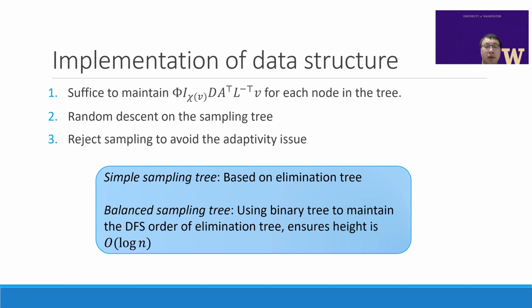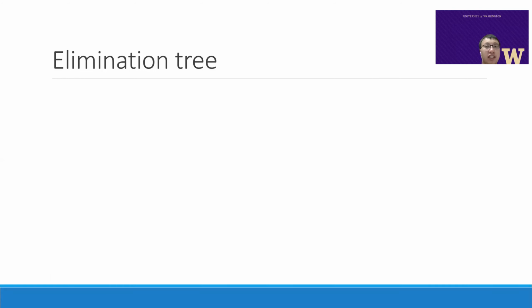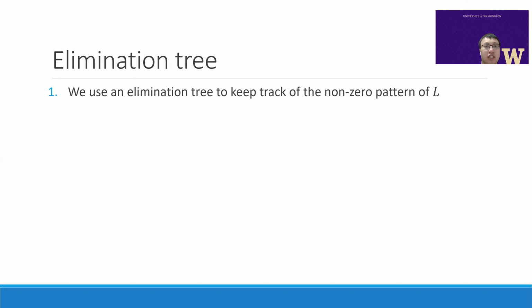This is a much more complicated construction, where we use a binary tree to maintain the depth first search order of the elimination tree and ensure the height of that sampling tree is at most log n, to achieve the n tau squared running time. Okay, so what is the elimination tree? The elimination tree is the data structure we use to keep track of the non-zero pattern of the lower triangular matrix L.